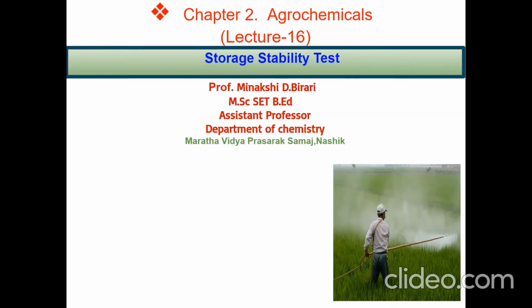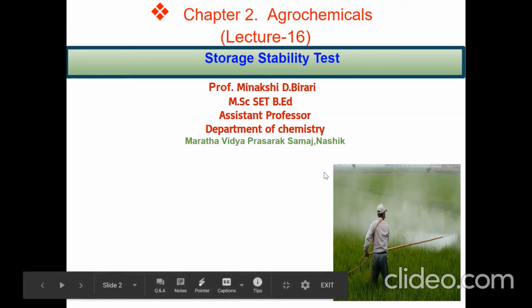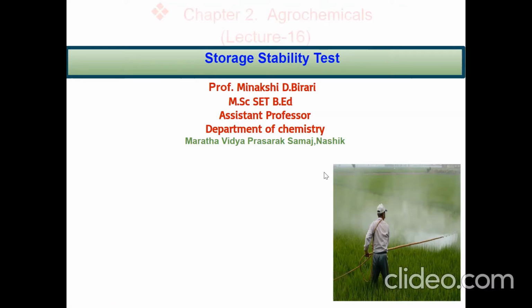We are discussing the second unit of industrial chemistry, that is agrochemicals. In the previous lecture, we discussed what is pesticide formulation and slow release pesticide formulation in detail. Today, we are going to discuss what is storage stability test and what are the different types of storage stability test in detail.